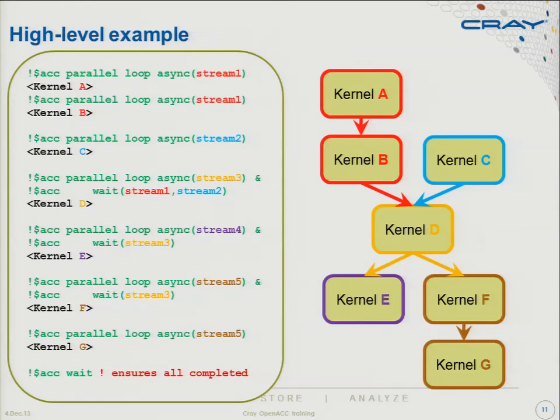And then down here I say, when D is finished, so wait on this, then you can do E in this stream. And also when D is finished, you can do F and then G. And G will follow F because they've got the same handle in there. So it's this concept of what they call the asynchronous wait.